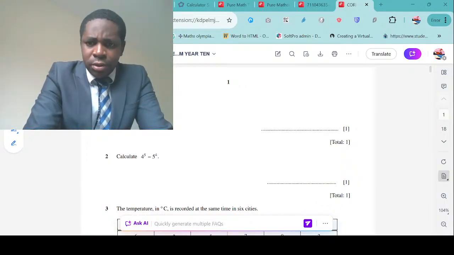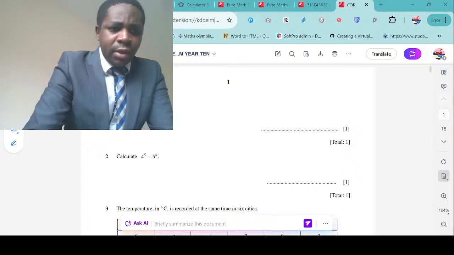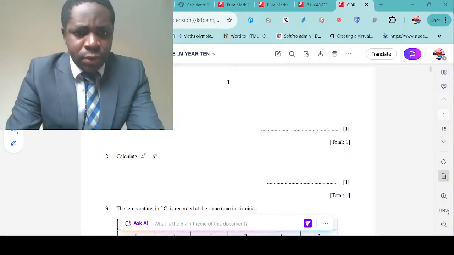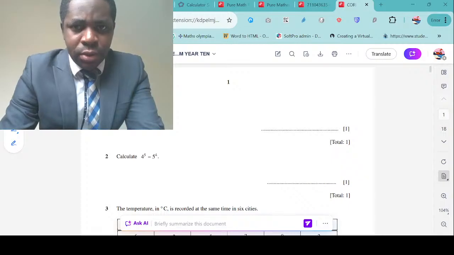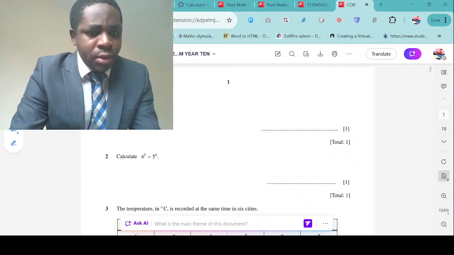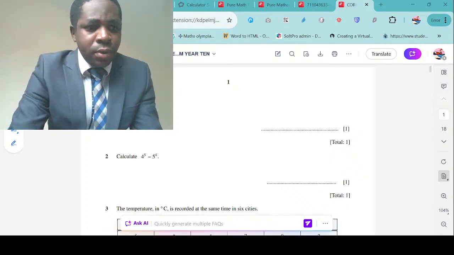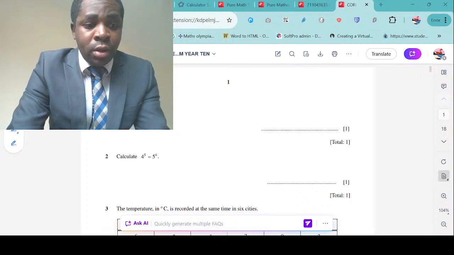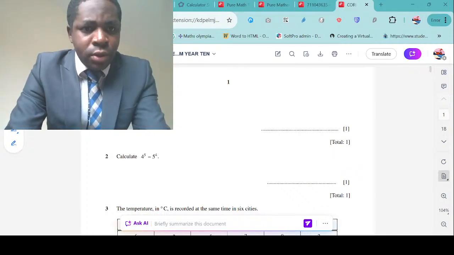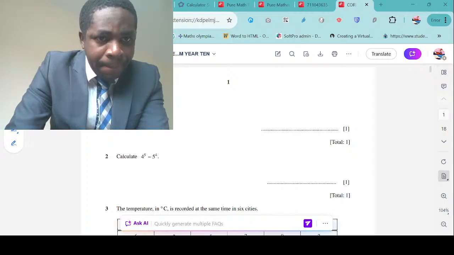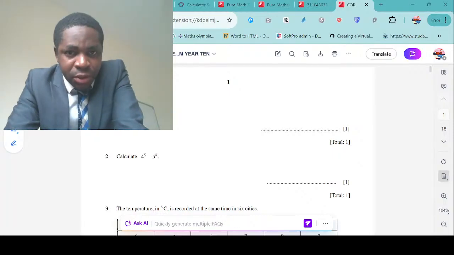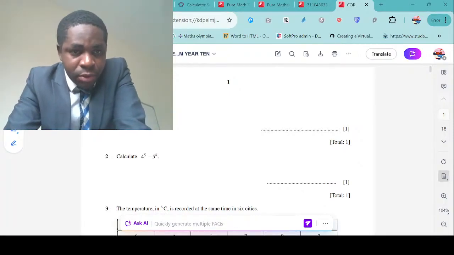So for this question, I'll just use my calculator. I have a calculator here. So let's use our calculator. Please ensure you bring your calculator in the next class. I'm not even seeing cube root, I'm seeing square root.